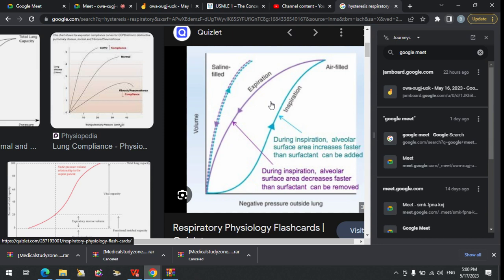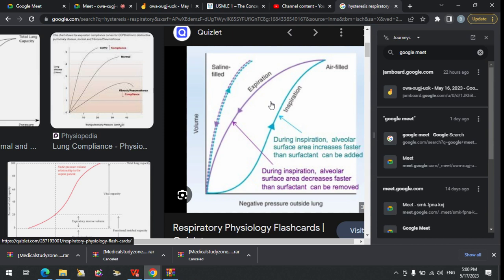I get it too. What you just want to say in this curve is, I'm just trying to explain why there's a difference, but what you must always say about hysteresis is that because of those factors we have mentioned, the compliance during expiration is always greater than inspiration.